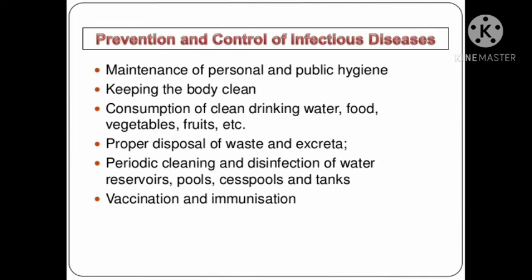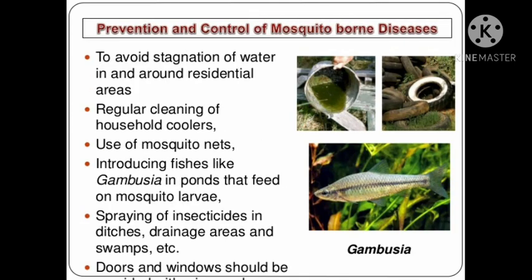Let us look at some other, unconventional ways of keeping the infectious diseases under control. We saw in the case of malaria, filariasis, amoebiasis, etc., that these diseases are caused by vectors like mosquitoes and insects.